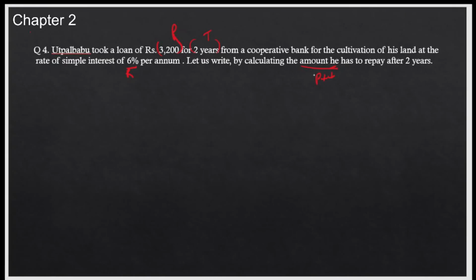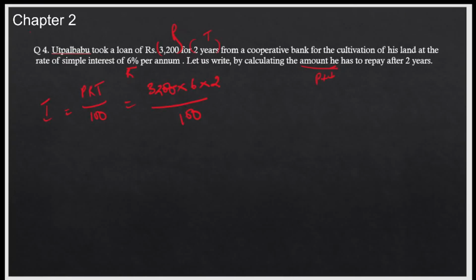After 2 years, what is the interest? So interest is PRT over 100. P is 3200, R is 6%, and T, that is 2 years, over 100.